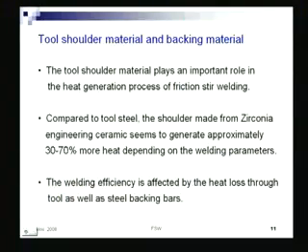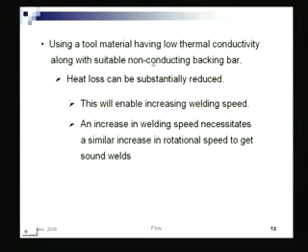Using a tool material having low thermal conductivity along with a suitable non-conducting backing bar, heat loss can be substantially reduced. Once this can be reduced, it will enable increasing welding speed. Increase in welding speed necessitates a similar increase in rotational speed to get sound welds.